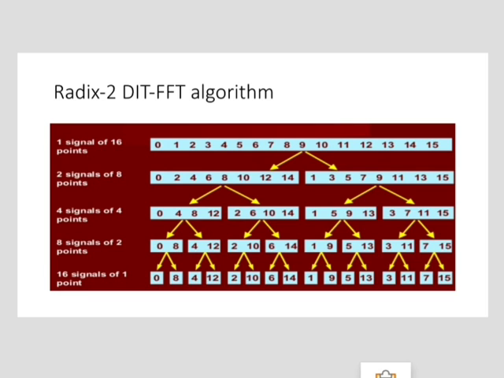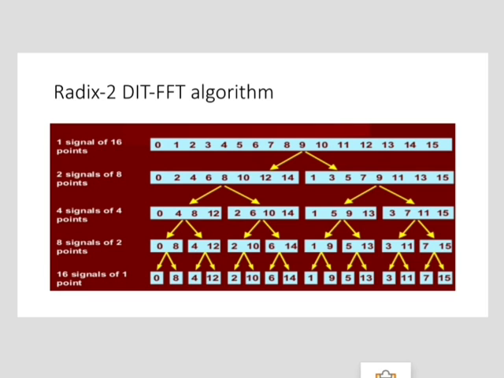Here the first part is divided again into 4 points each: 0, 4, 8 and 12, 2, 6, 10 and 14, and the odd part is also divided again: 1, 5, 9, 13 and 3, 7, 11, 15.